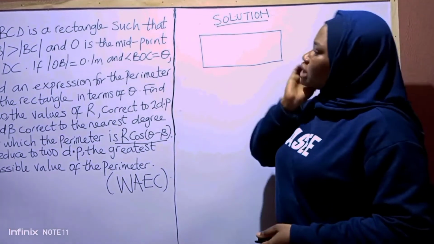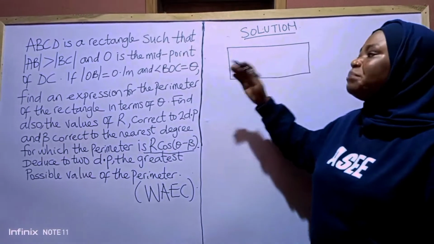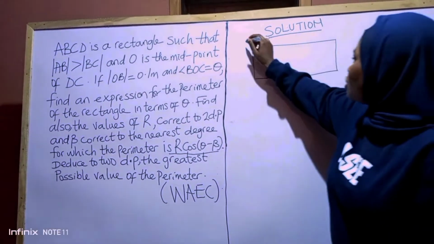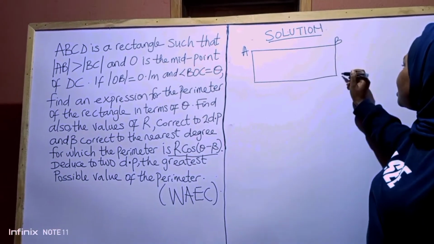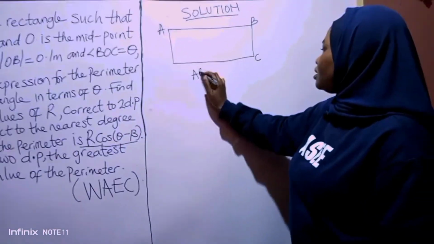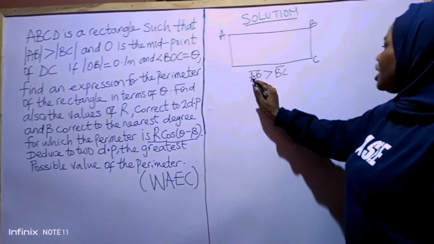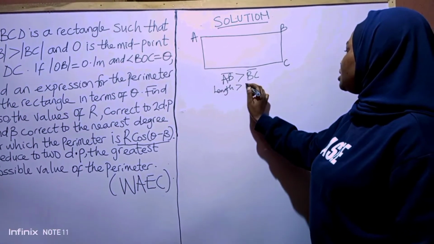We were told that line AB is greater than BC. That means AB is one of the lengths, and here is BC. So you can see that AB is greater than BC. So AB is length and it is greater than the breadth.